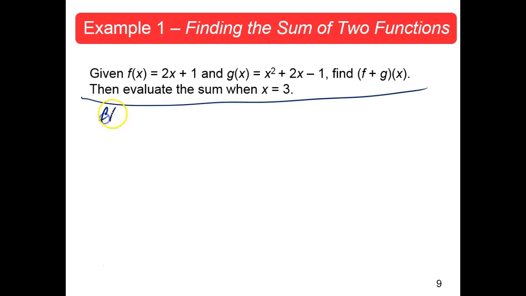This time f of x is going to be simply the squaring function, x squared, and g of x is going to be x minus 3. The question here is find fg of x. And what's the definition of the product of two functions?